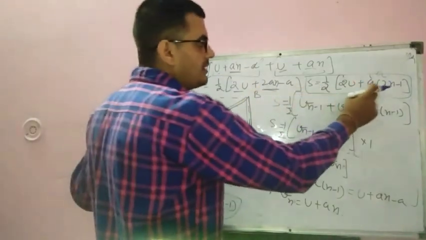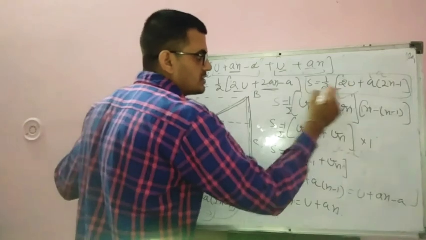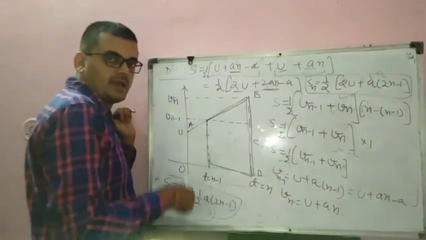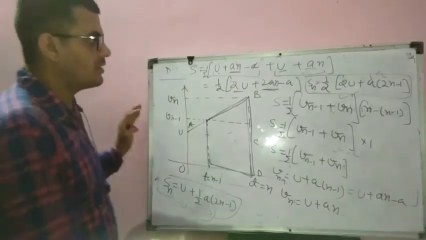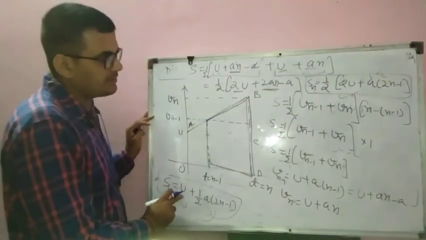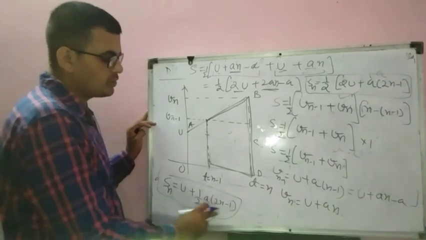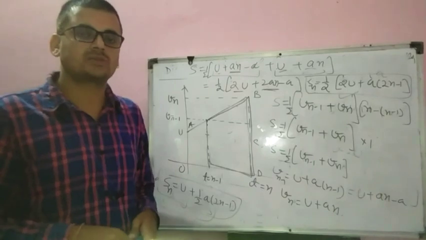Take a as common: 2u plus a(2n minus 1). So this is the distance traveled by the body in the nth second. Or you can divide it by 2 also, so it will be u plus 1 by 2 a(2n minus 1). So students, this is from my side. Take care of yourself. Thank you.